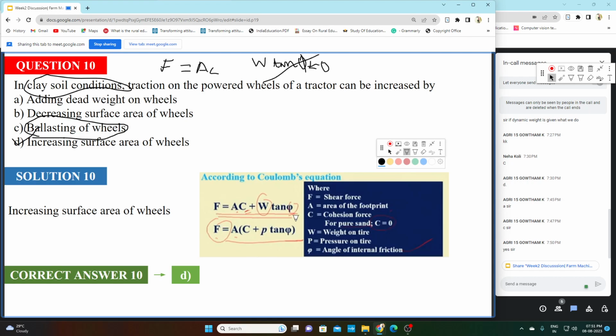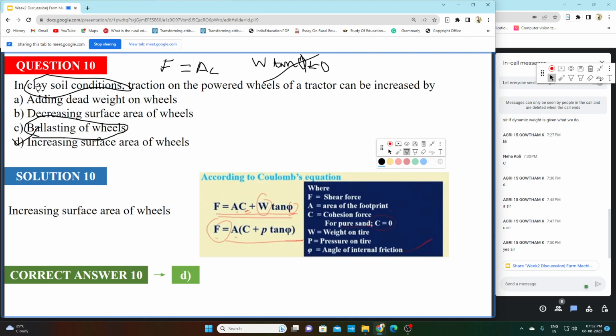So in this equation you have two types of parameters. One is machine parameter, second is soil parameter. C and phi are your soil parameters, and A and W are your machine parameters. Now what has been asked in the question?